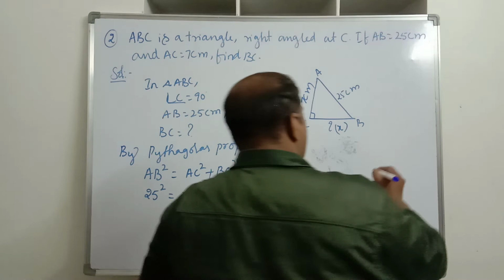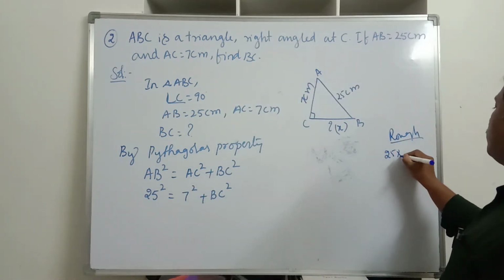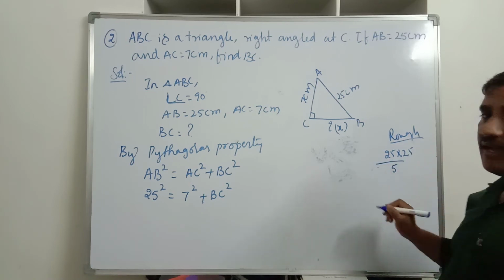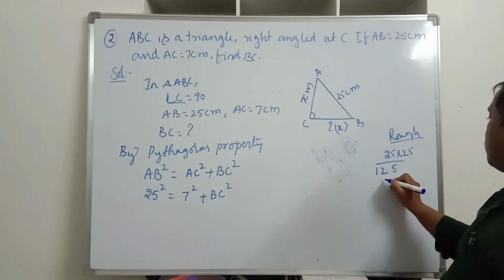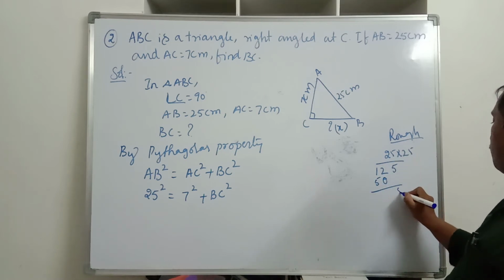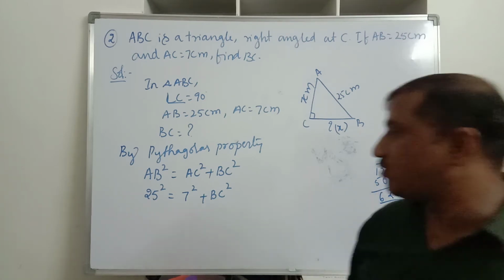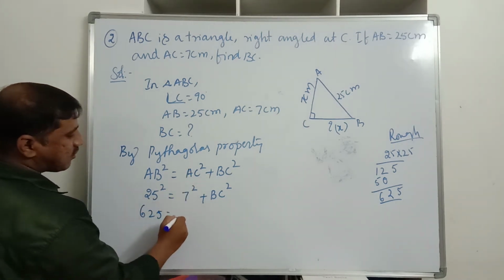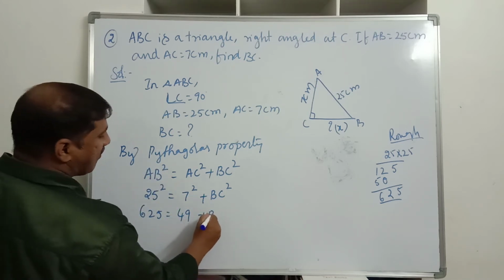Rough work: 25 into 25. 5 fives are 25, 5 twos are 10 plus 2 is 12. 2 fives are 10, 2 twos are 4 plus 1 is 5, so 50. Therefore it is 5, 2 plus 0 is 2, 1 plus 5 is 6. How much do we get for 25 square? It is 625. That is equal to 7 square, that is 7 into 7, 7 sevens are 49, plus BC square.